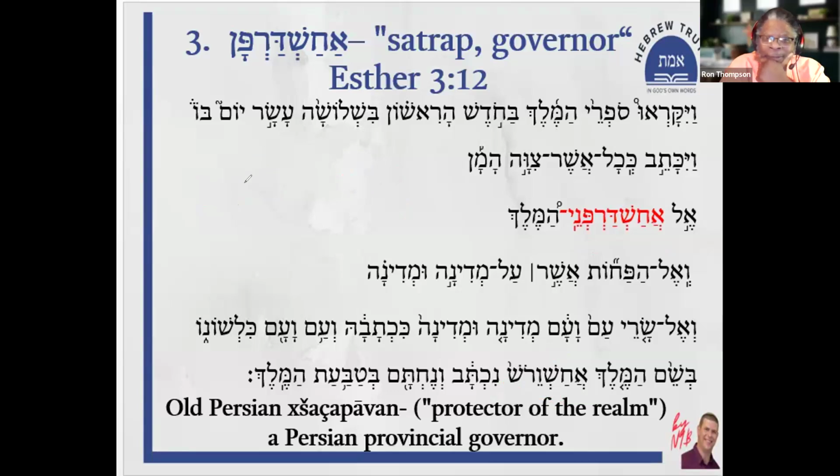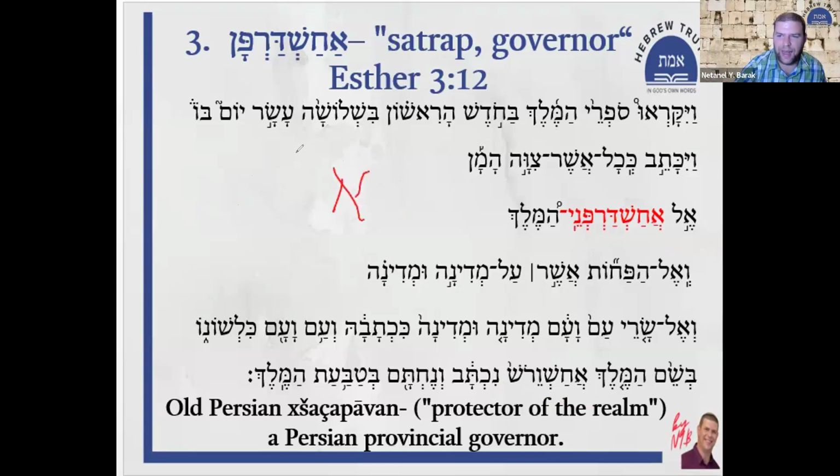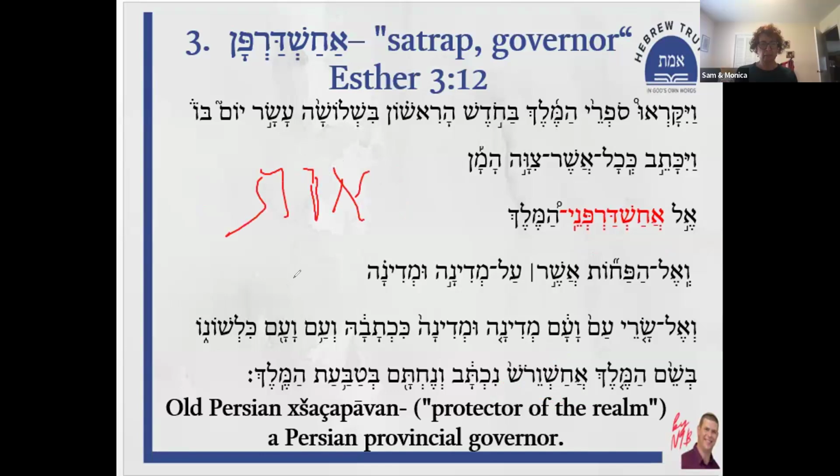So something of God. Ayat. What is the Hebrew word? Ot. A sign. A sign from God. Ayatollah.